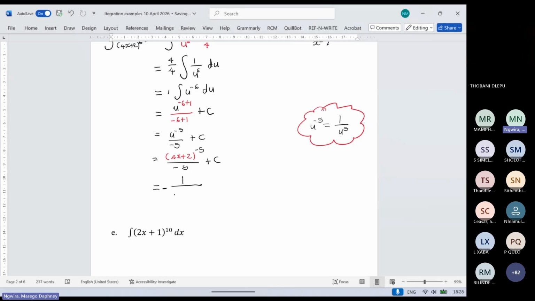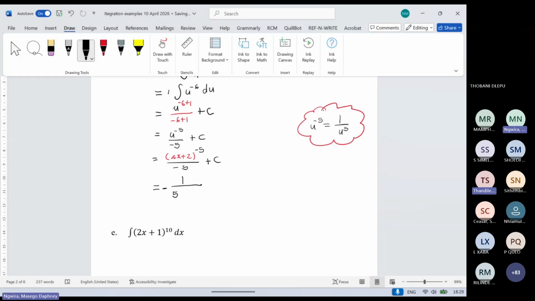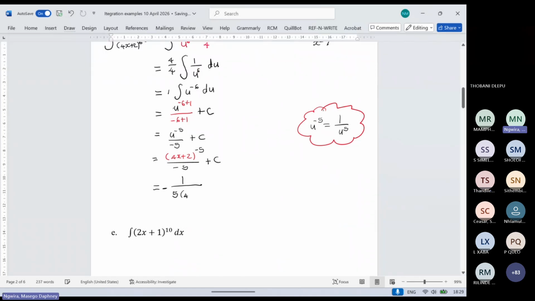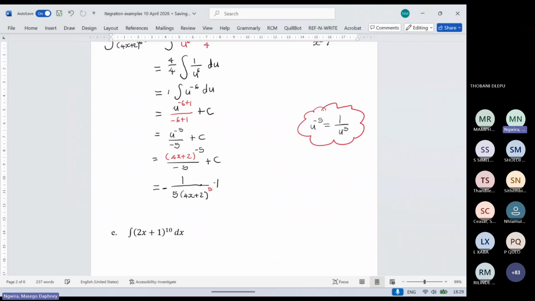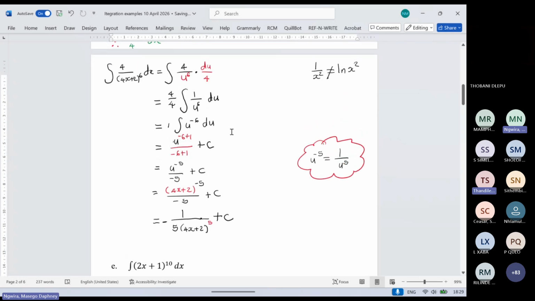So this is 4x plus 2 to the power of positive 5, it's not negative anymore, plus c. Yes, this makes sense.